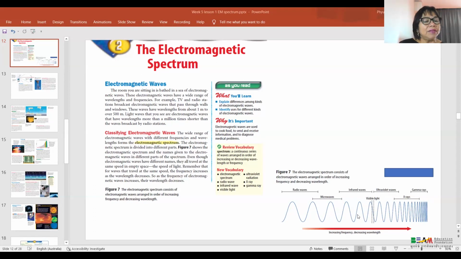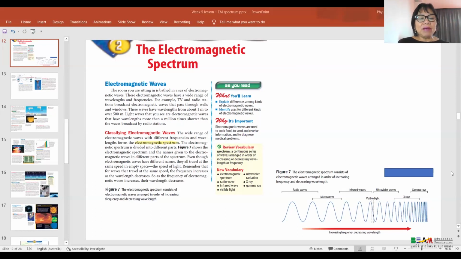Okay. Now, I want you to remember one more thing. Refresh your memory about particle theory, the kinetic theory of particles. Anyone remember when particles vibrate more? It's heat. When it is hot, isn't it?